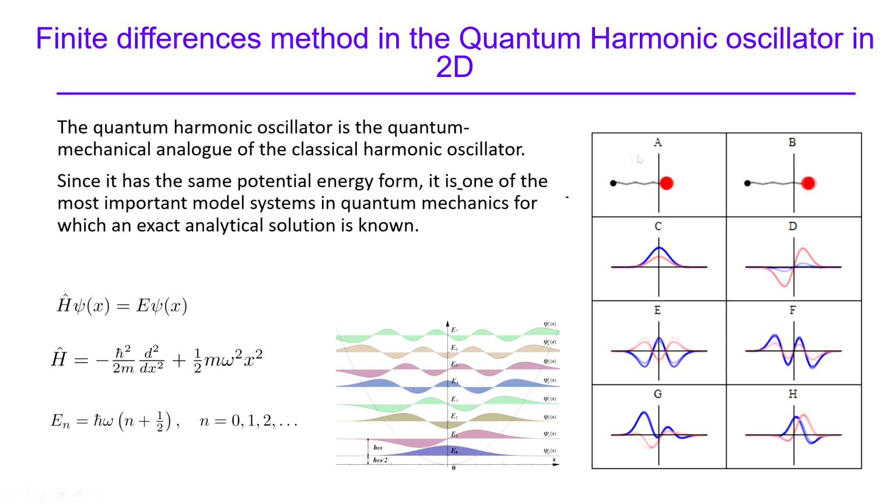For the analog in quantum mechanics, instead of a mass, we have a wave function. That wave function supposes the probability of where the electron will be found.